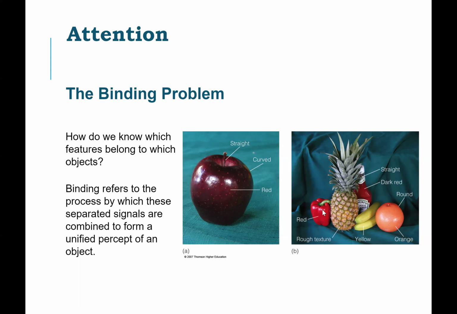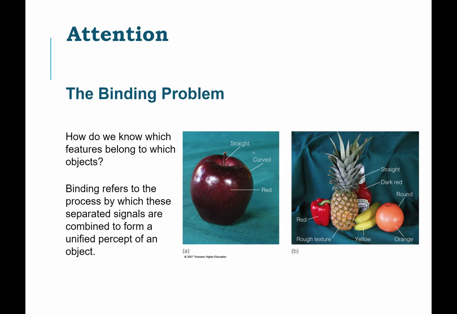Can you see the problem? If this is all distributed in the brain and different cells are responding, a bunch of cells are saying there is redness here, and a bunch are saying there are vertical edges and horizontal edges and all sorts of other stuff, some of these features belong to one object and others belong to another object.